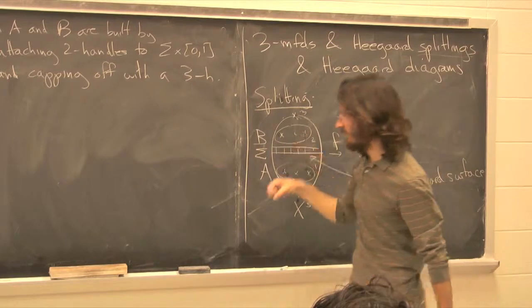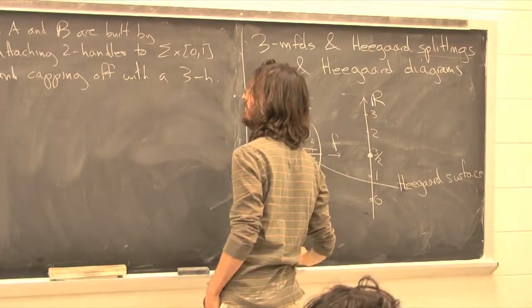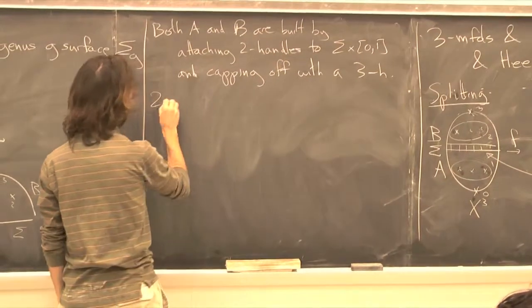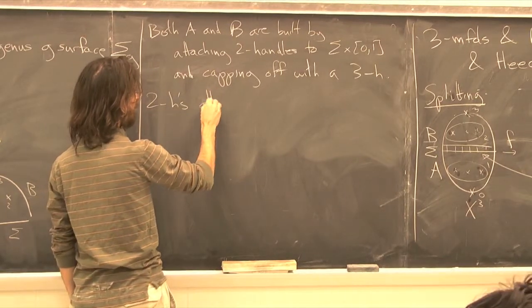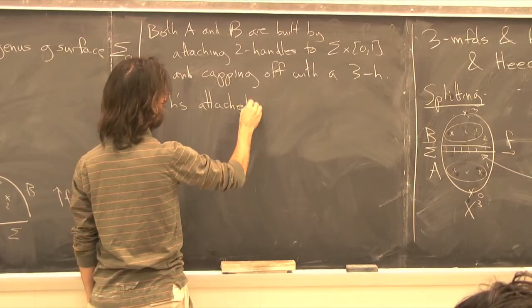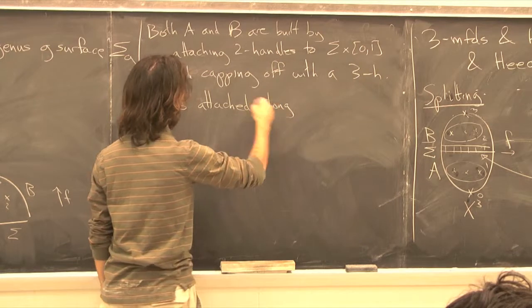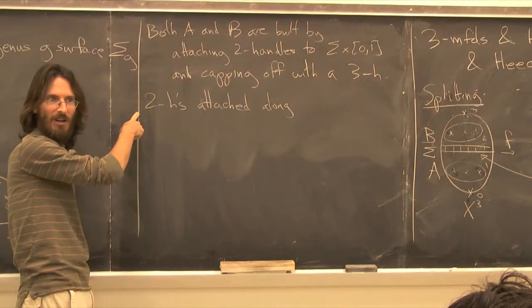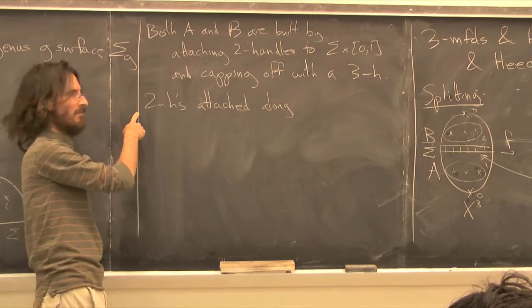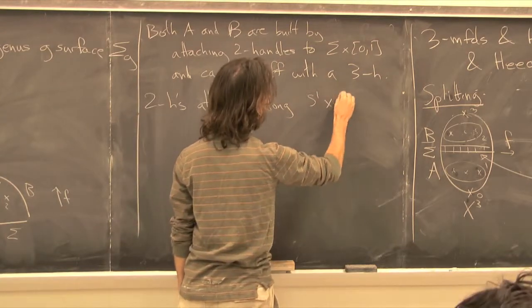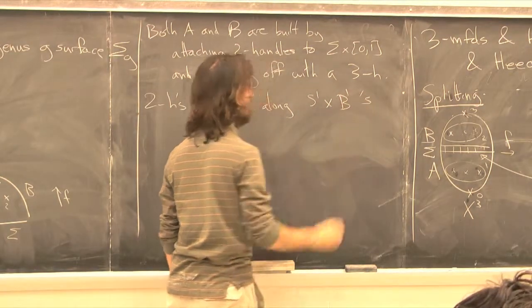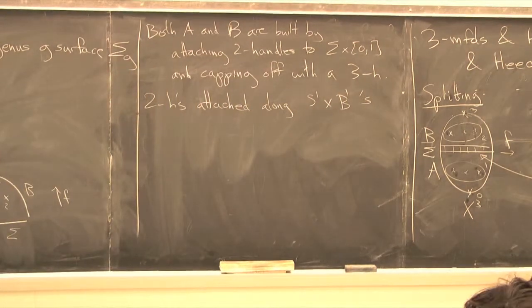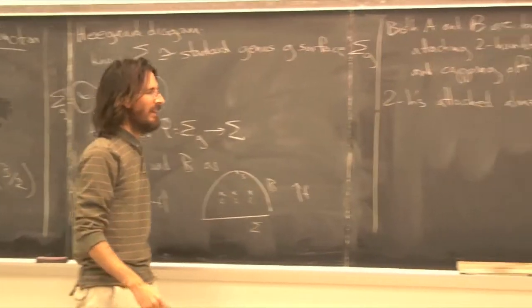And the point is now those 2 handles are attached along, they're B2 cross B1s, attached along S1 cross B1s, B1s embedded in the surface, right?